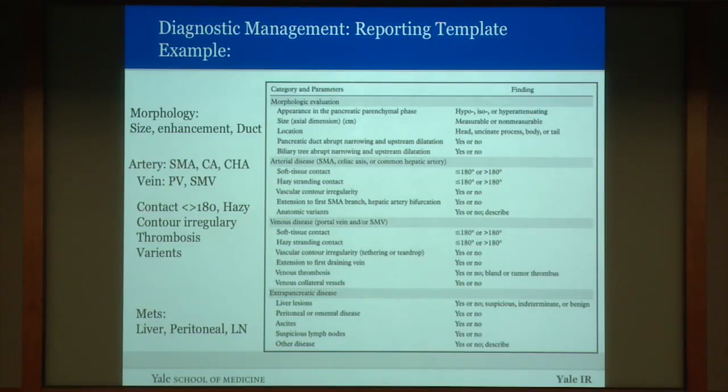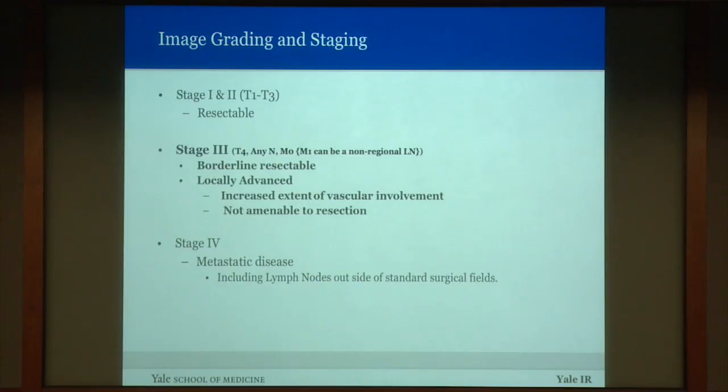In terms of the artery, it tells you where in the artery it is, what arteries it's surrounding, and other things: the percent contact with the artery, if there's any artery or vessel irregularity or thrombus, and also anatomic variants.